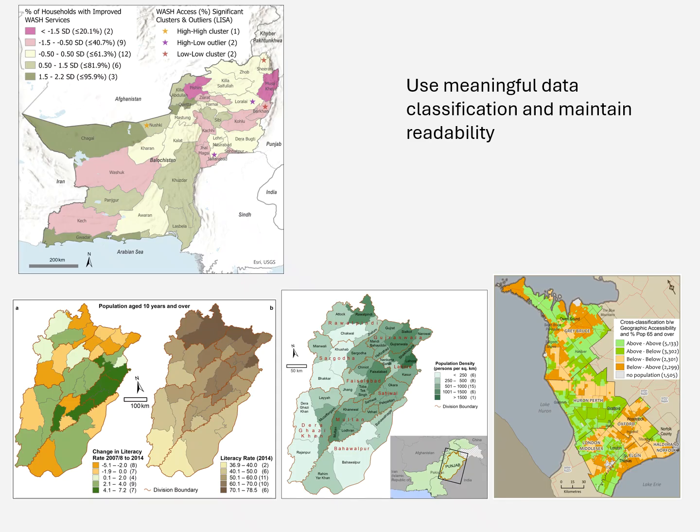We are showing the four combinations, where if the classes are above and below, it means there will be four combinations: above-above, above-below, below-below, and below-above. So with those combinations, you want to show any mismatch between the two variables. That's another set of examples where you need a consistent color, and the classification approach needs to vary according to the nature of the data and variables you have. So there is a variety of examples.